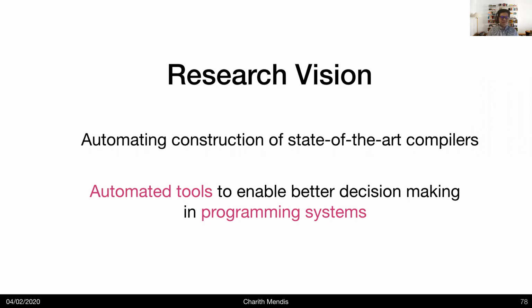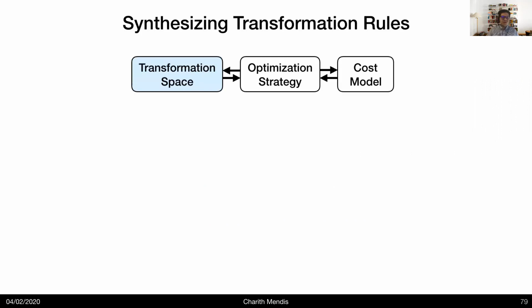Now, I will briefly describe future directions I want to take towards realizing my vision. So far, I have only worked on automating construction of optimization strategies and cost models for compilers. And now I want to explore techniques to see whether we can even automatically generate the transformation space.